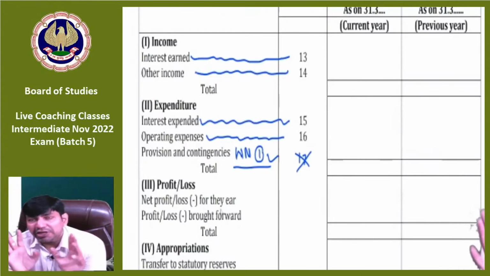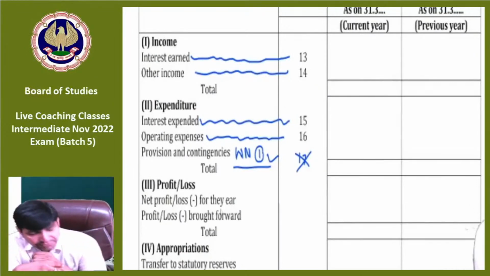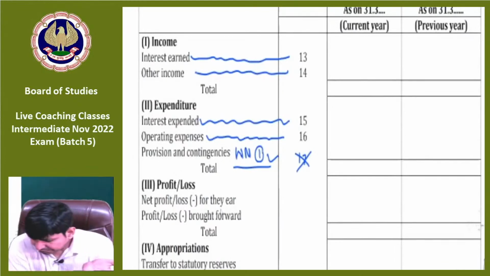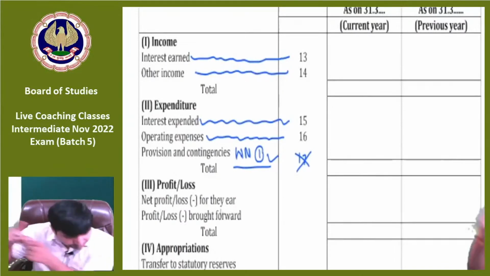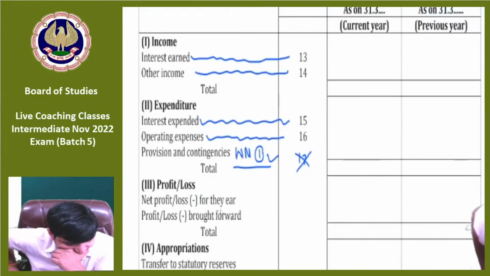I am asking about the income side. Tell me fast. 13 or 14? Waiting for your answer, beta.